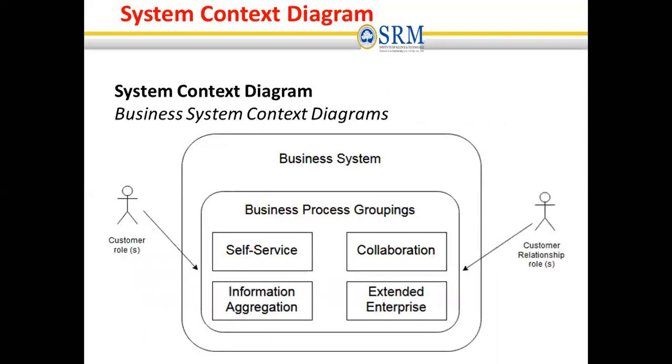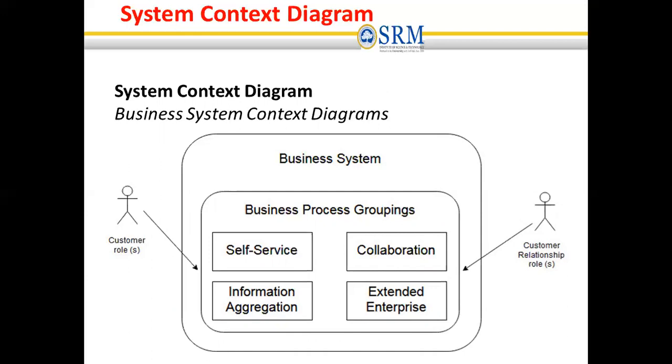So in this system context diagram, a business system context diagram is given in this picture. A business system context diagram is also a type of system context diagram which is used to identify the business system, which involves a set of business processes.